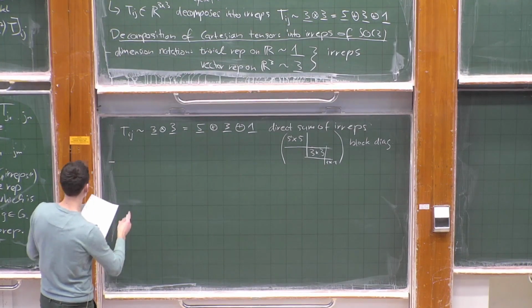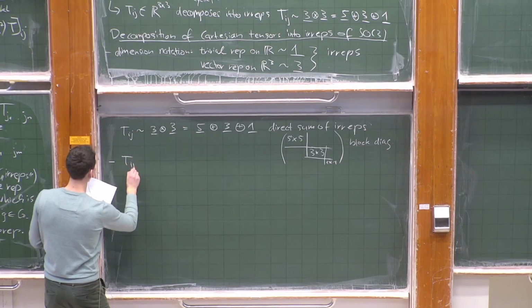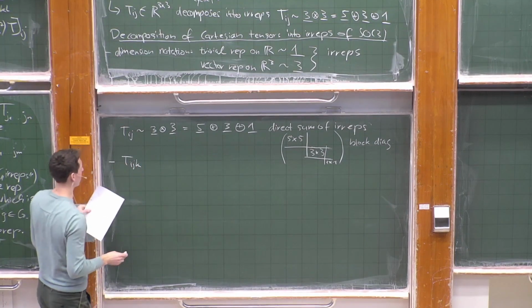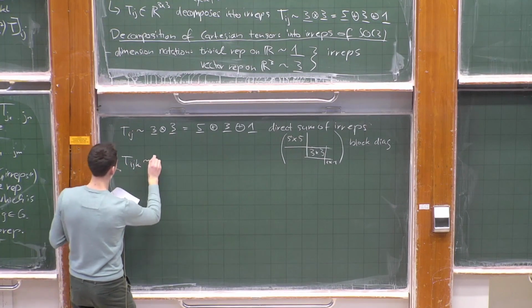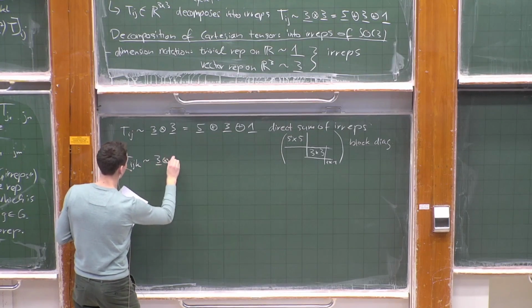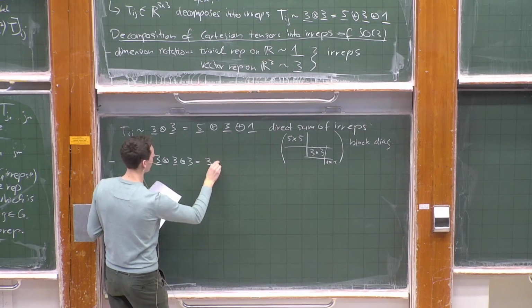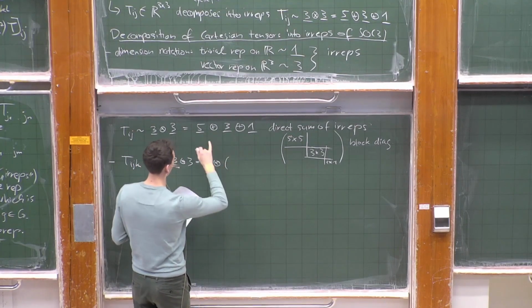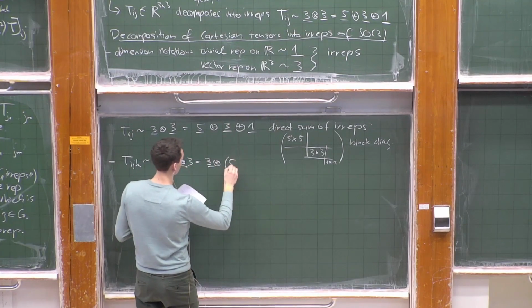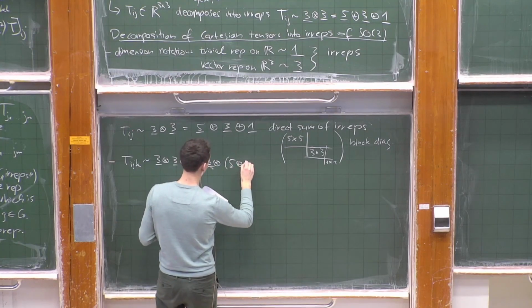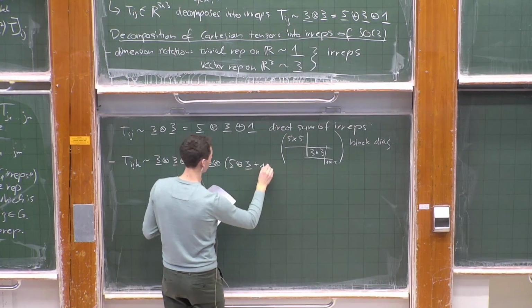One can go one step further and look at the decomposition of a Cartesian tensor with 3 indices in 3 dimensions. This would be 3 by 3 by 3. And then we can use what we've already worked out here to write this as a direct sum of irreps.